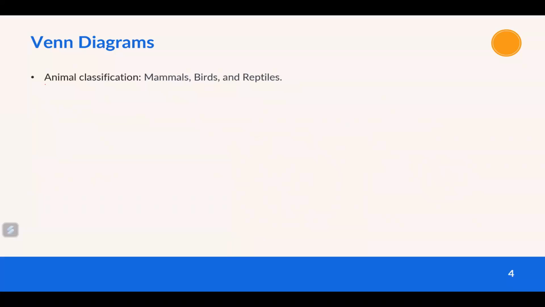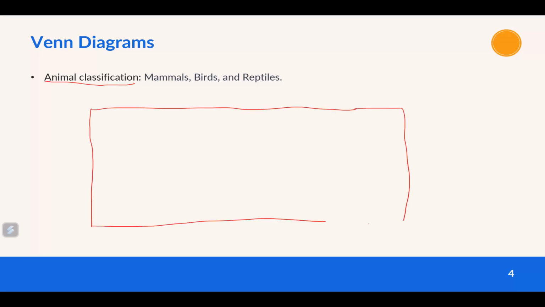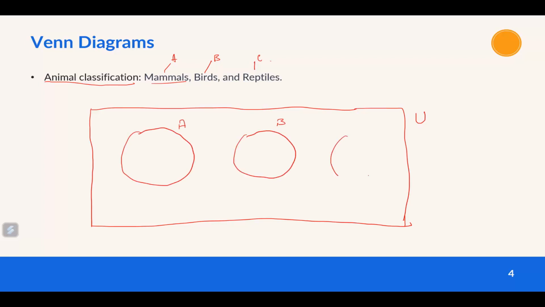Here I have taken an example of a universal set, which is animal classification. Suppose we have a universal set which represents all the animals on Earth, and we have some sets. This is set A, this is set B, and this is set C. We can have a set A of mammals, a set B of birds, and a set C of reptiles.